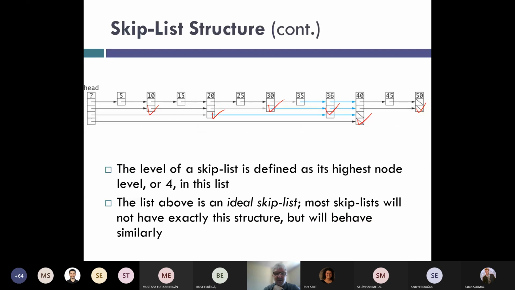Okay. This is a level 4 skip list, and it is a good skip list actually.